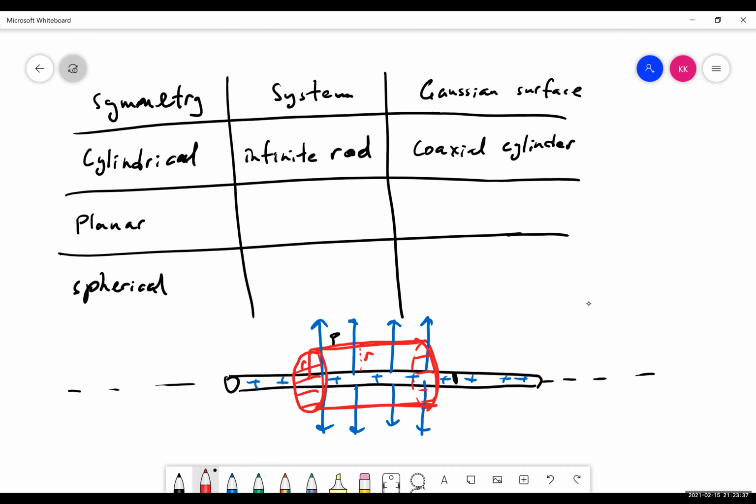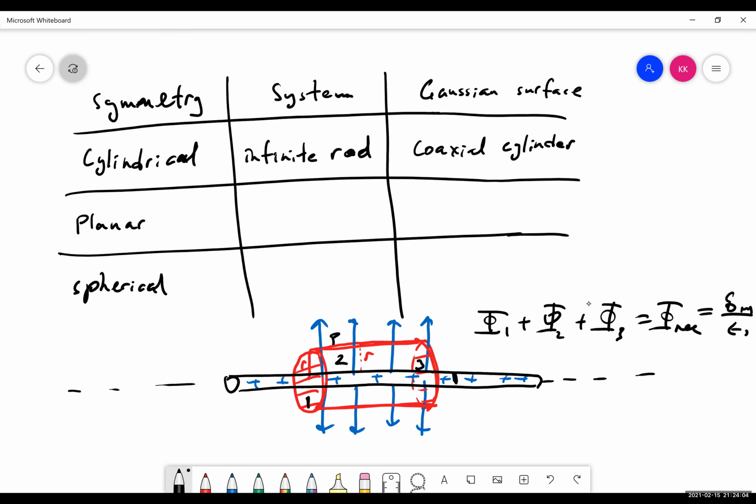That means I can look at the flux for surface one, surface two, this curved part, and surface three. Then flux one plus two plus three gives the net flux, and I can say this is equal to Q enclosed over epsilon naught. I'm going to show you an example of how easy it is to do that.